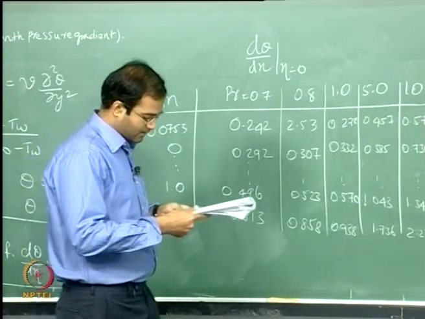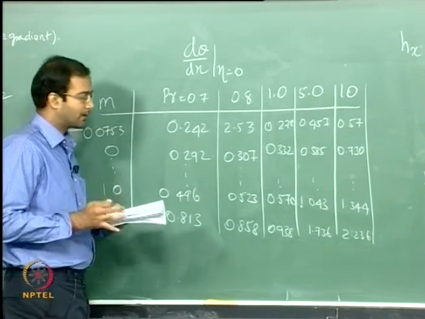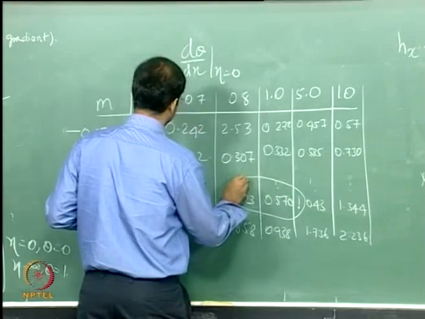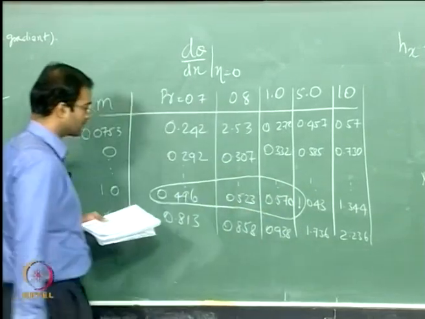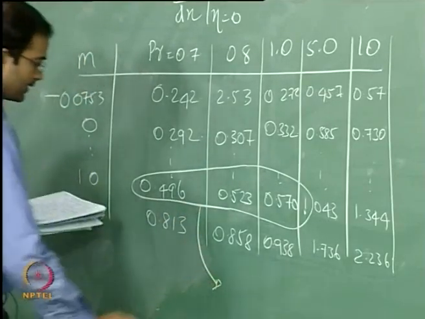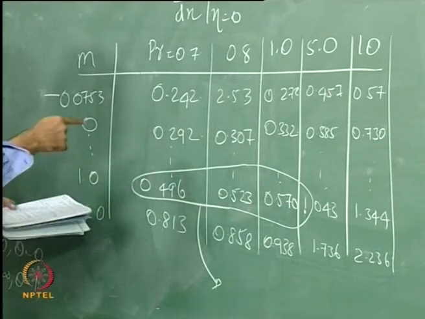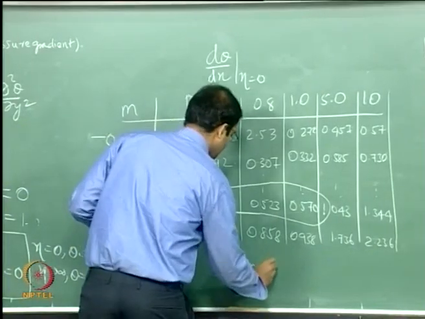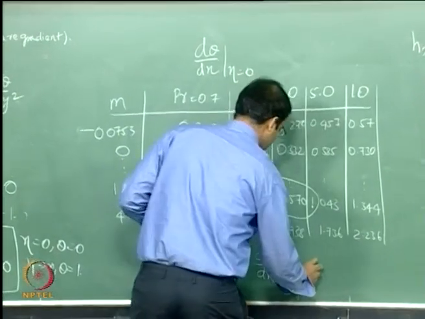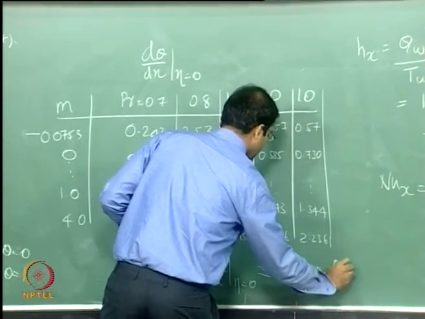Now for the stagnation point flow, if you are interested in values of Prandtl number about 1, that is something in this particular region right here, you can in fact fit a curve to the values of d theta by d eta in this Prandtl number regime close to 1, and you will get a nice curve fit of this particular form, which is 0.57 times Prandtl number to the power 0.4.